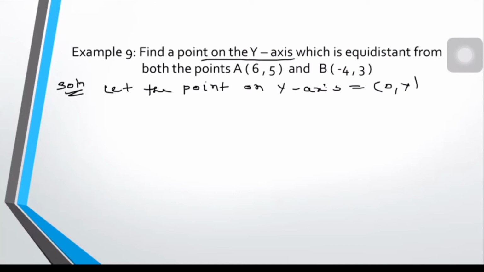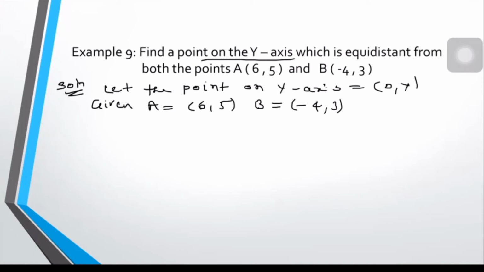Next, write the given points. Given A is equal to (6, 5), B is equal to (-4, 3). Here it is given that Y is equidistant from both the points A and B. So now we have to equate the distances YA and YB.